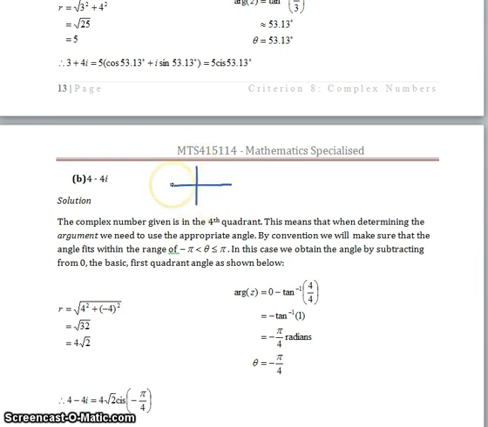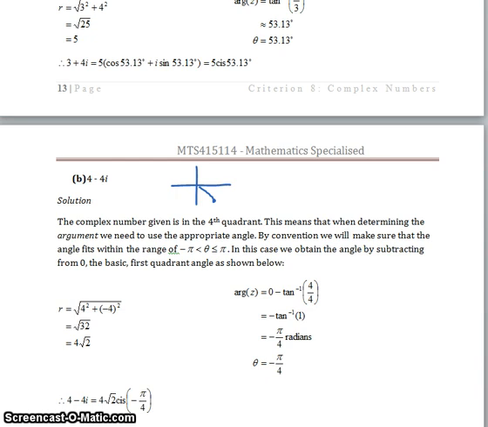To find our argument, let's look at the quadrant. Drawing a quick sketch, we can see that our real part is positive, so we know it's here on the positive side, but our imaginary part is negative, so now we're looking at the fourth quadrant. So this means that when we're determining the argument, we need to use the appropriate angle.